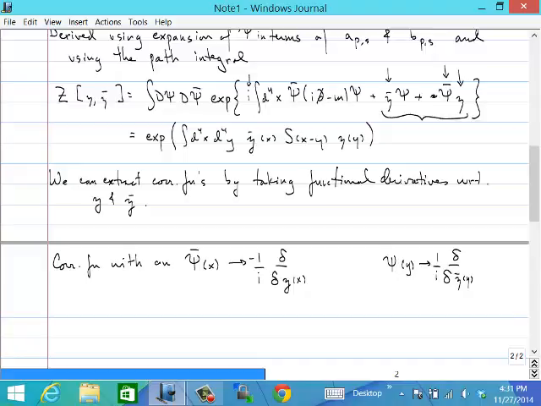Y's dimensions. A spinor has dimension 3 halves. So yeah, that's a great question. The easiest way to see that is to note that the Lagrangian has dimension 4, and the derivative has dimension 1, so that these spinors must each have dimension 3 halves.